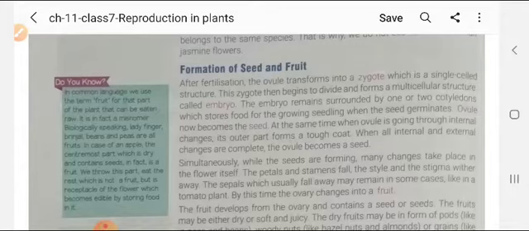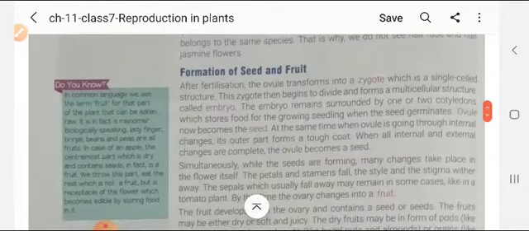The ovule transforms into a zygote, which is a single cell structure. This zygote then begins to divide and forms a multicellular structure called the embryo.